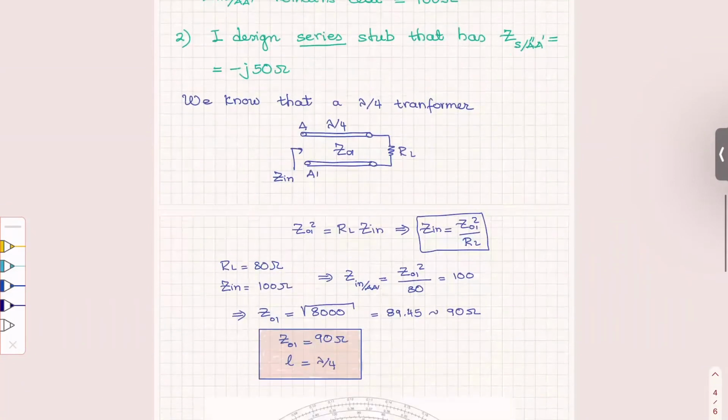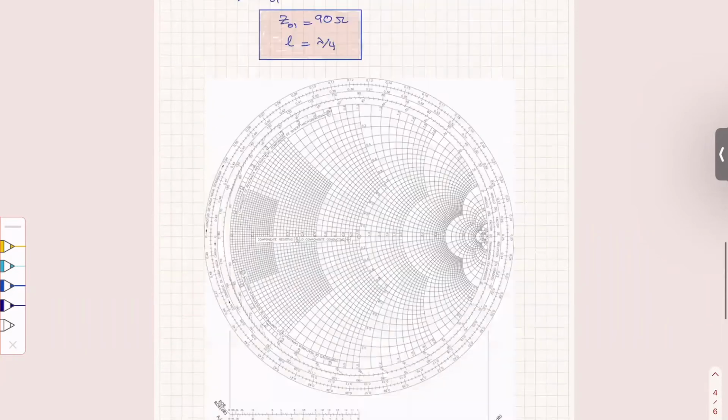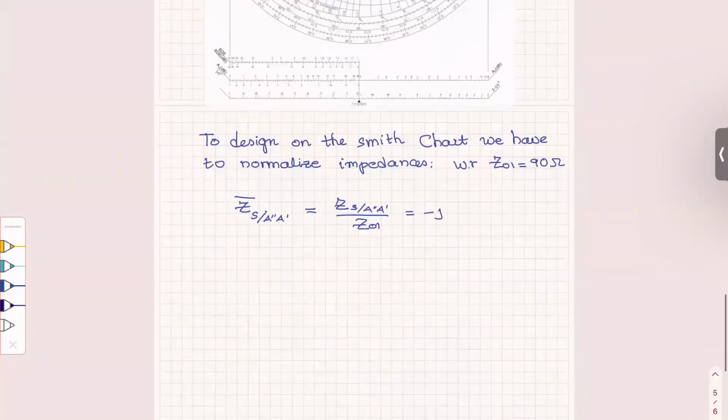So we have to normalize ZS at A double prime A prime. ZS at A double prime A prime normalized is ZS divided by Z01, and that is minus j50 divided by 90. 50 divided by 90, and that becomes a number then, as before it had units.